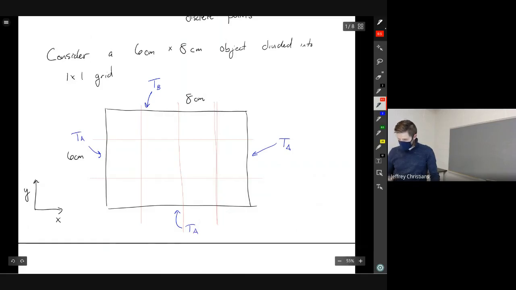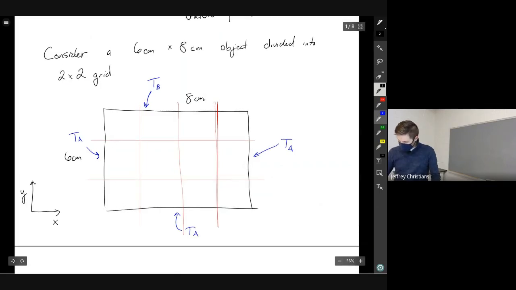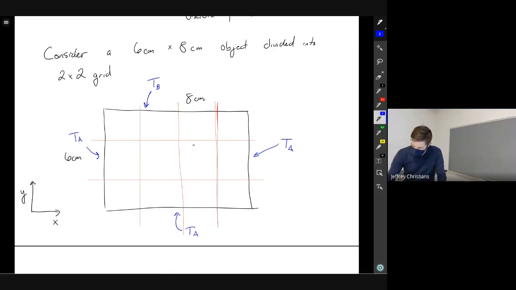Okay. So we have this grid. Let me erase this, and this is going to be a 2 by 2 grid. So what we're going to do is divide it up and calculate the temperature at each one of these grid points.